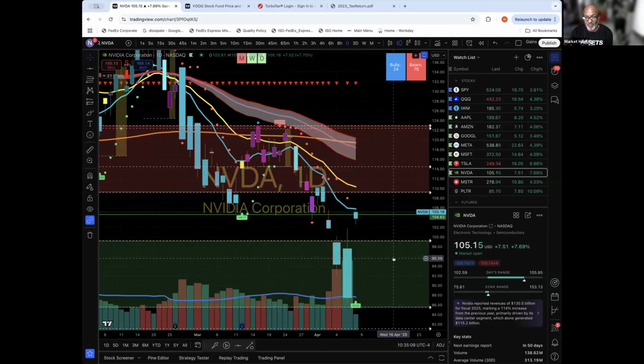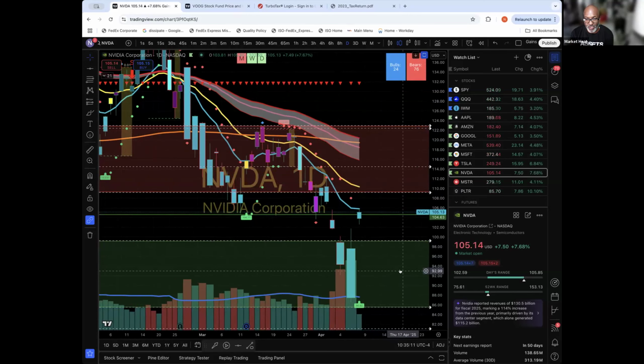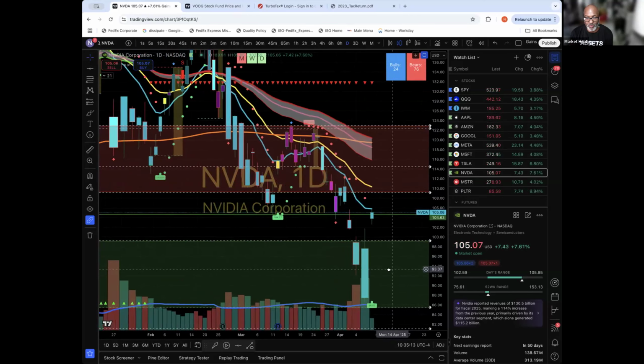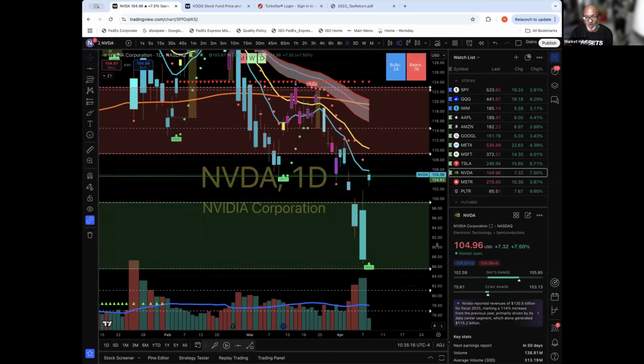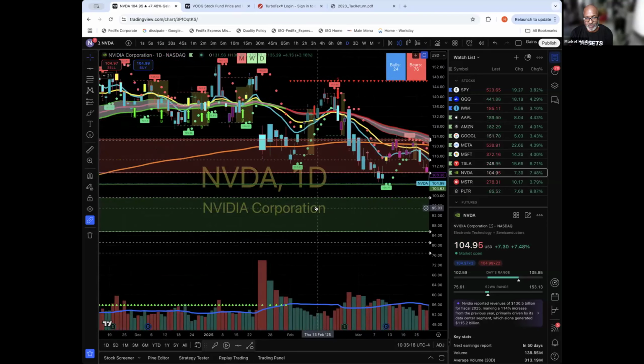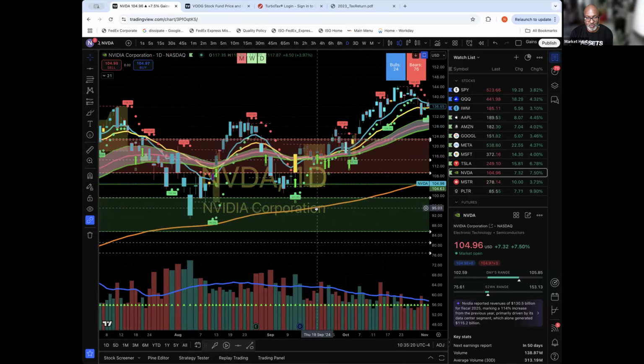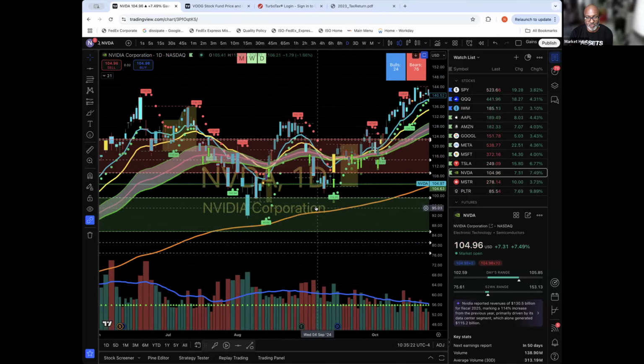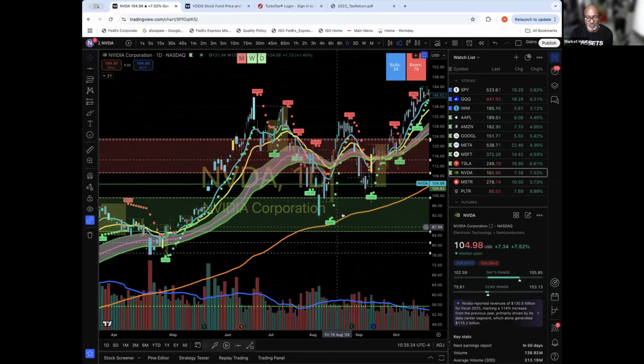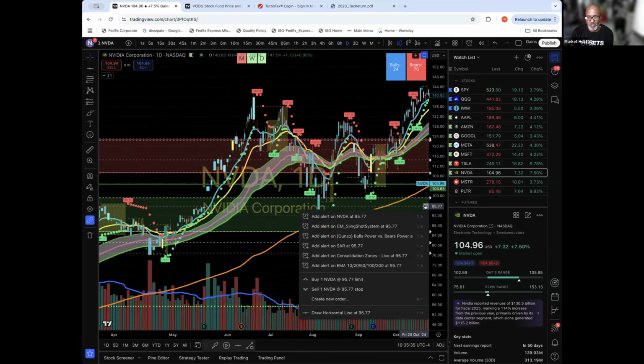So now let's do the same for the support area. Let's look and see where NVIDIA has struggled to fall. Let's look back in time. We found it right here. So now we've got another level right there, 95.77.